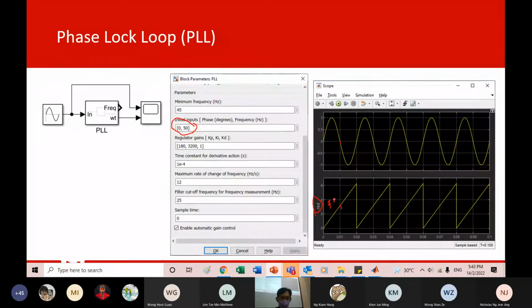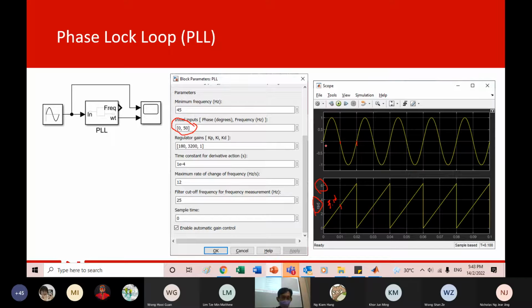And when you go up to 360 degrees, you can see this is 6.28. So it returns to 0 in radian unit, and repeats, repeats, repeats.